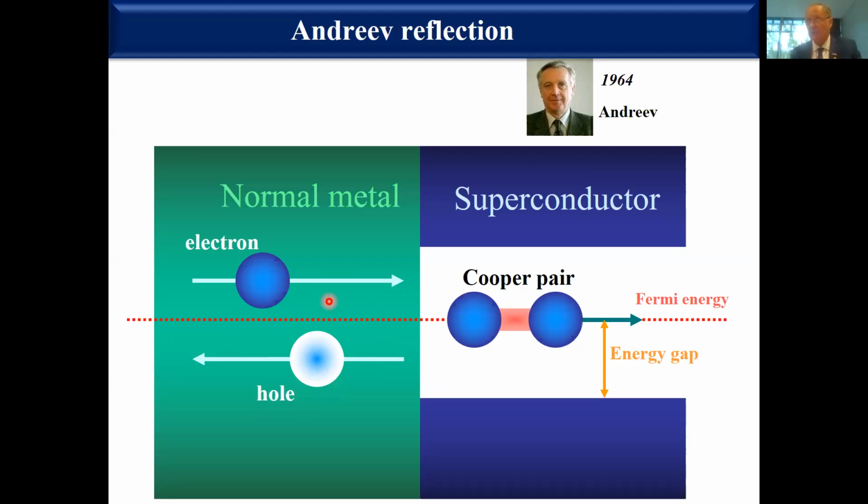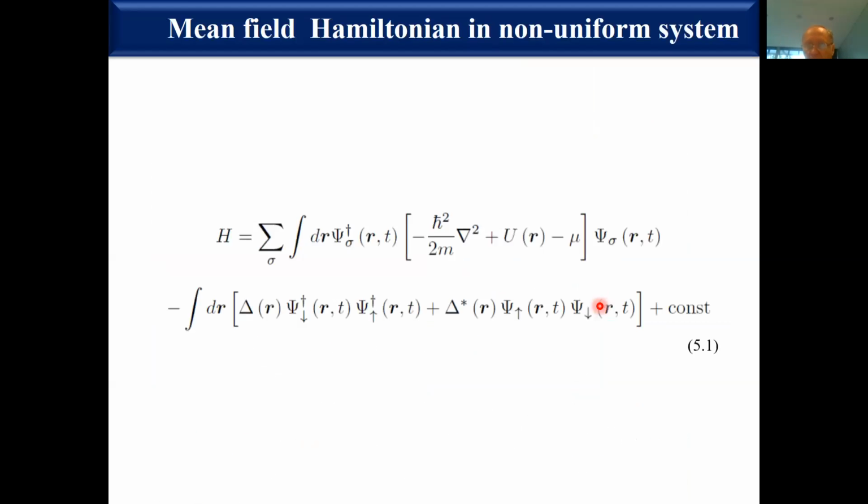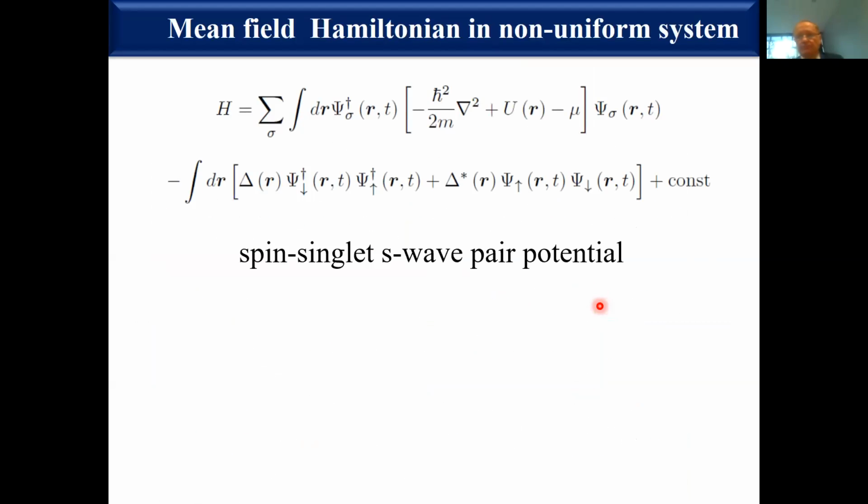This process is generated due to the presence of condensation of Cooper pairs in the superconductor. So to correctly understand the charge transport problem of a normal metal superconductor junction, we should take into account the Andreev reflection process. For this purpose, we must start from the so-called Bogoliubov-de Gennes equation.